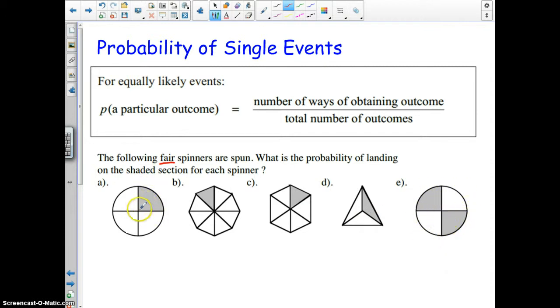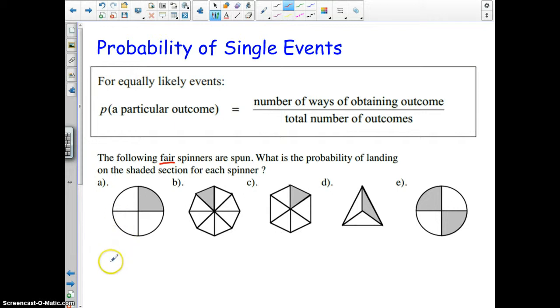Now, because they are all divided into equal parts, then we say that they are fair spinners, therefore that they are equally likely events. For this formula to work, everything has to be similar to this. Everything has to have equal outcome of obtaining an outcome or being chosen.